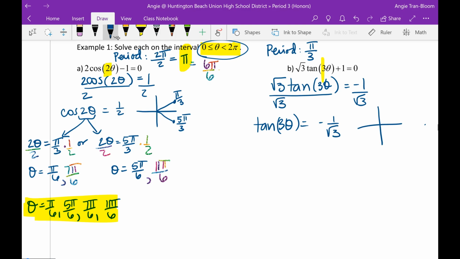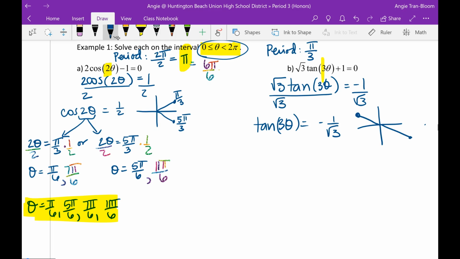This is not an inverse, so there's no restriction. Tangent of something is a negative answer. What 2 quadrants is that going to be in? 2 and 4.